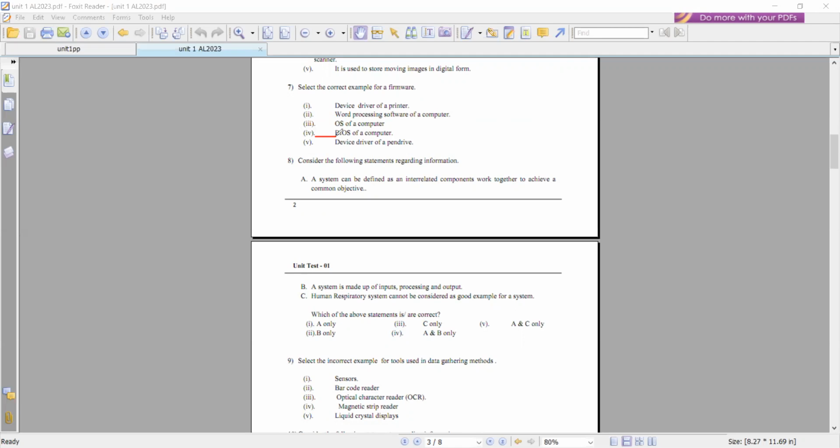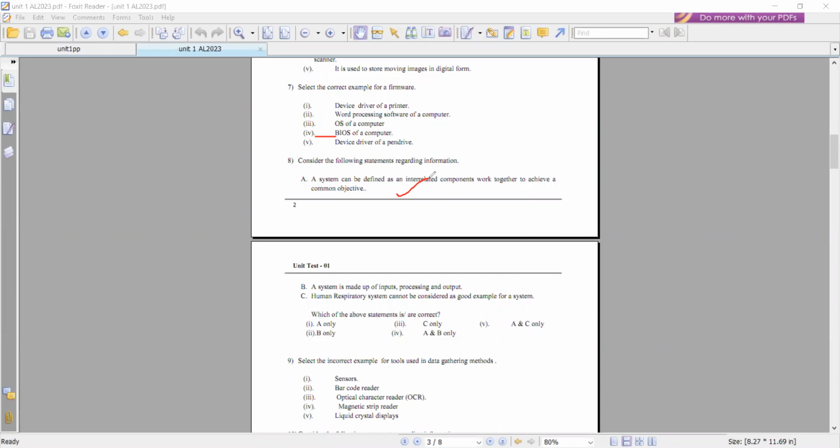Then 8. Consider the following statements regarding information. A system can be defined as interrelated components working together to achieve a common objective. That seems to be okay.